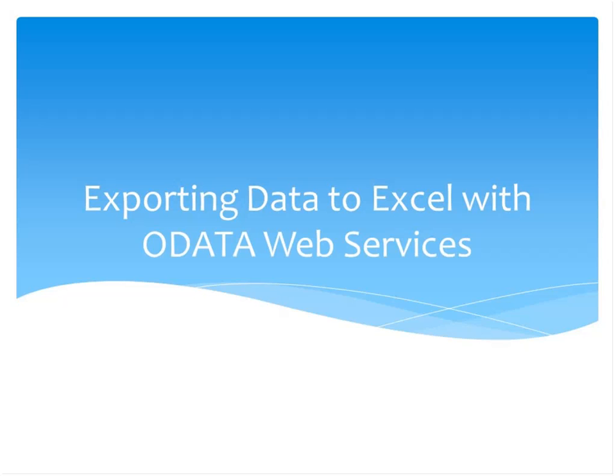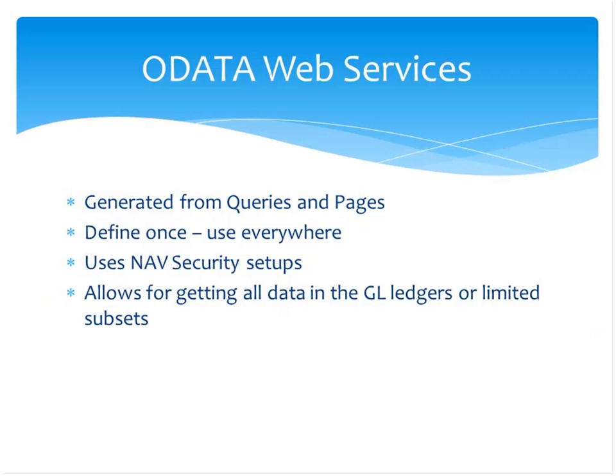Okay, so going back to 2013, the next thing that we'll talk about is OData web services. OData web services are sort of like web services, but with a different layout behind the scenes.